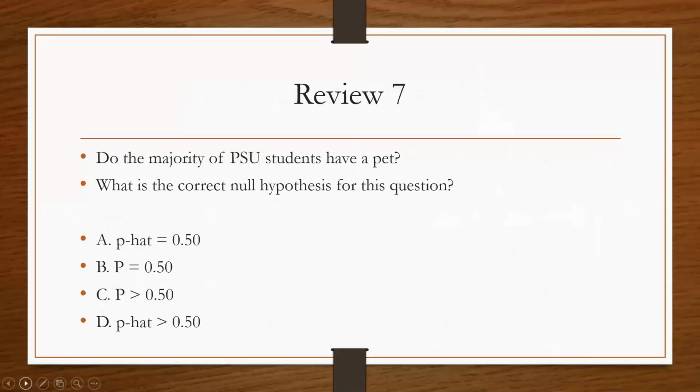All right, so review number 7, just asking a question. The majority of PSU students have a pet. So what is the correct null hypothesis for this question? I'll give you guys a second.